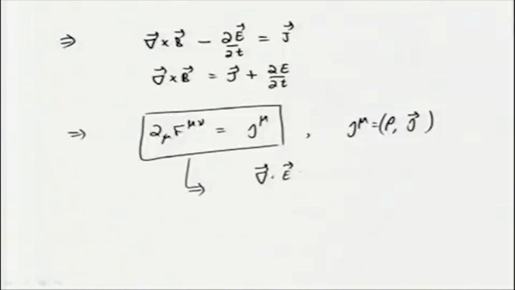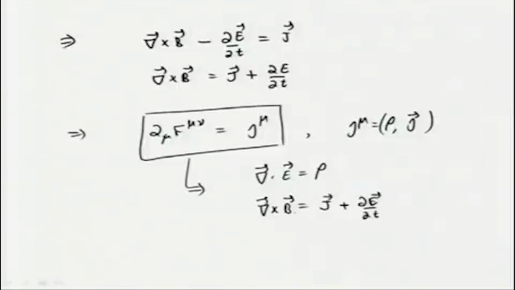Divergence of E equal to rho is essentially given by nu equal to 0, and the other three values of nu will give you curl of B equal to J plus dou E by dou t.